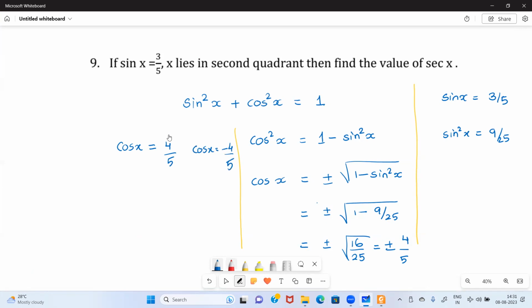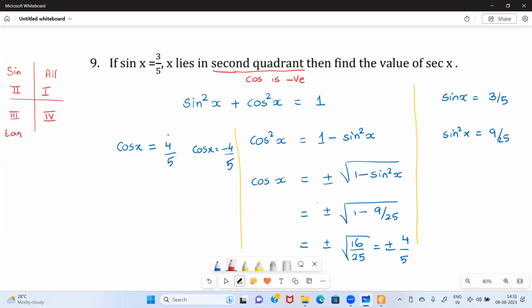Now, because the angle is in the second quadrant, right? In the second quadrant, cos is negative. Only sine is positive, correct? We know the ASTC rule, right, students? All trigonometric ratios are positive in the first quadrant. In the second quadrant, sine and its reciprocal are positive. In the third quadrant, it is tan and its reciprocal which are positive.